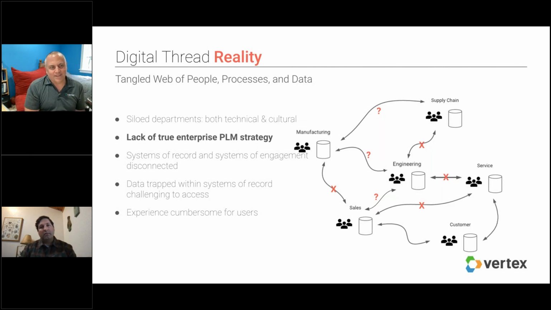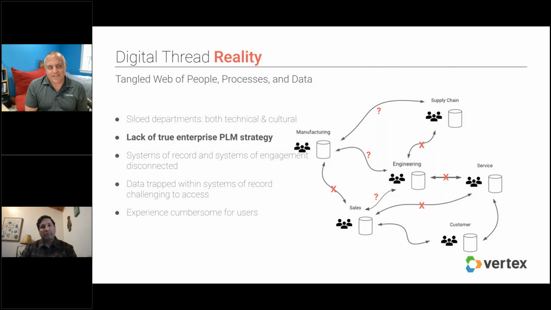The second we have here, and these are all very high level, of course, is a lack of true enterprise PLM strategy. Now, not PLM as a tool, but you're doing product lifecycle management, whether you realize it or not. It could be on the back of an envelope, or it could be with a very expensive PLM system.